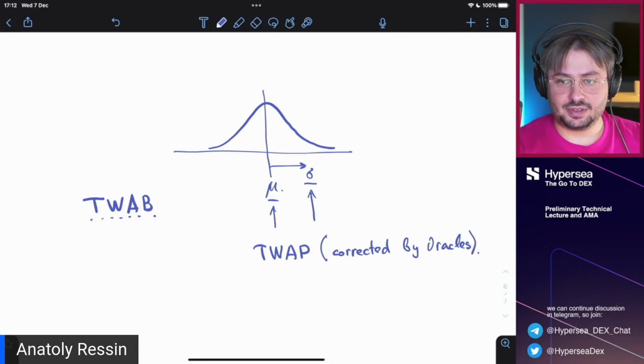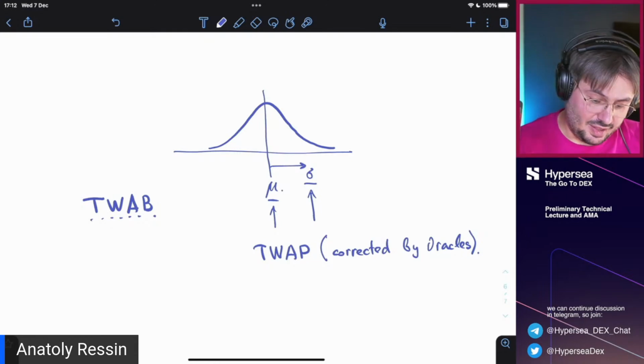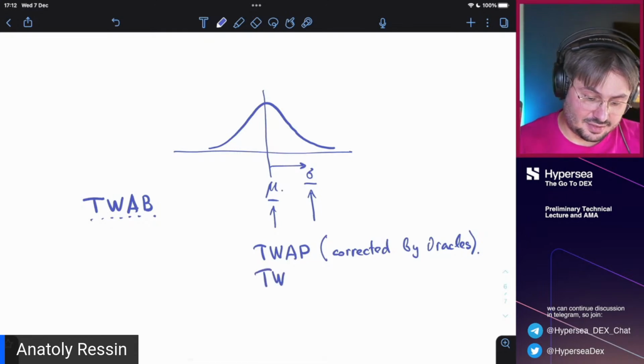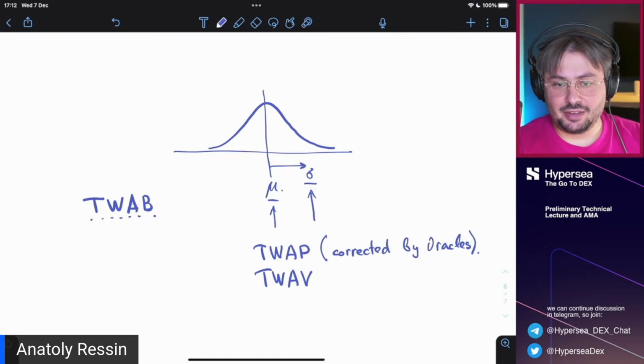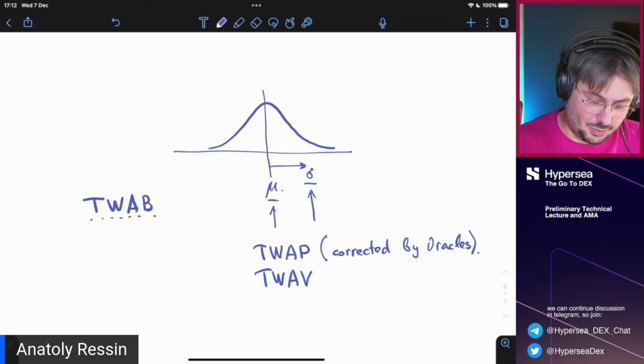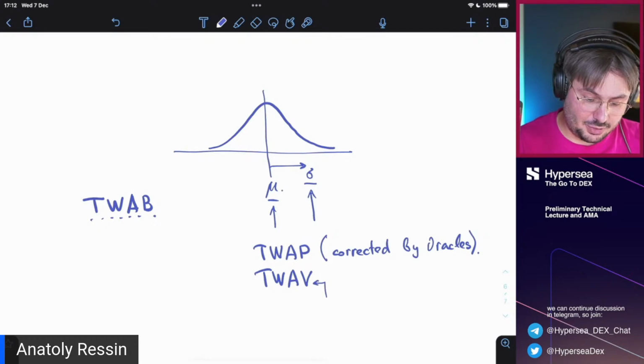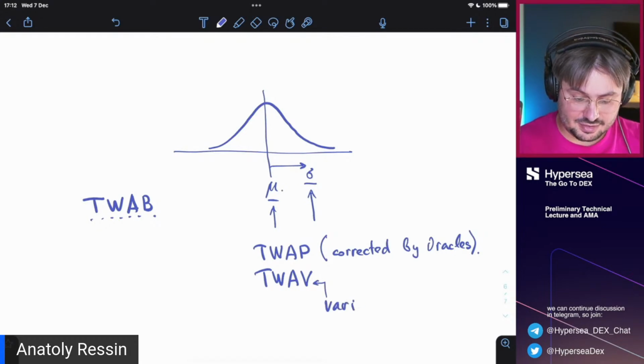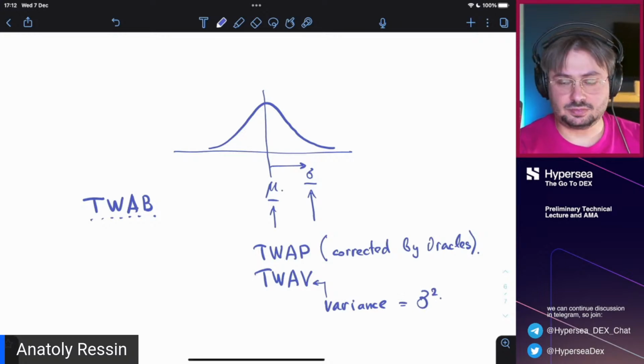So we're using this, and time weighted average volatility, or for the volatility we are using variance that is equal to this thing.